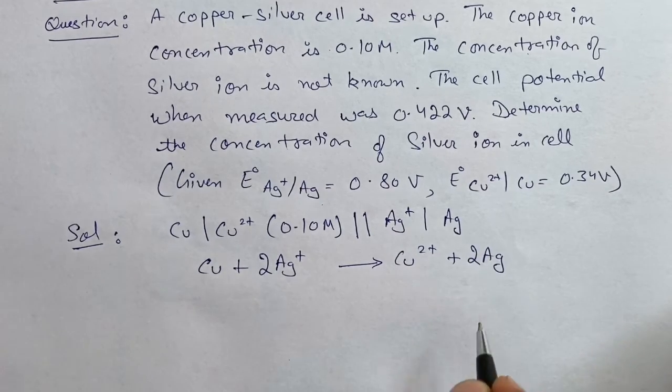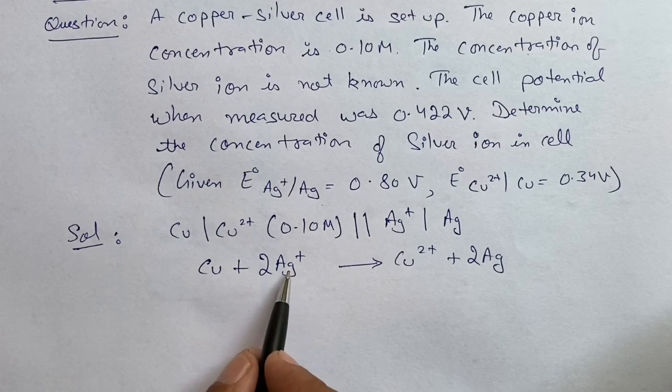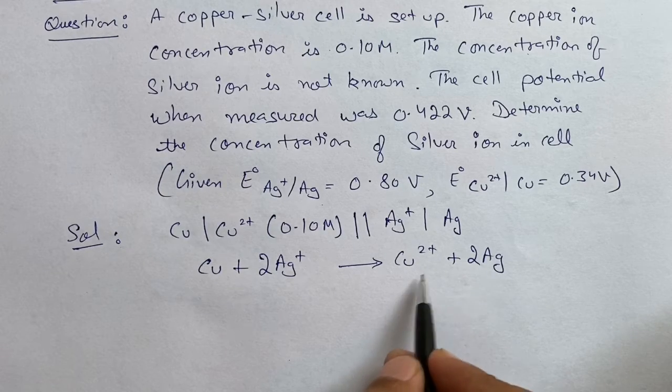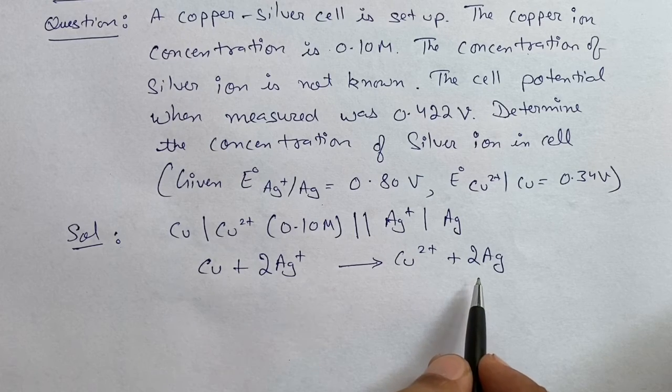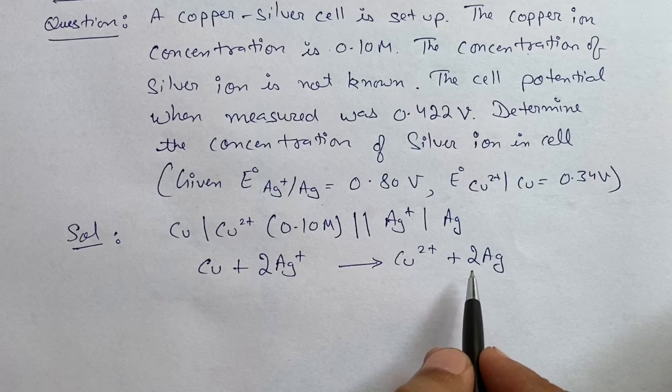So now we have balanced the equation, with two positive charges on the reactant side and two positive charges on the product side. This is how we balance the equation. Remember, students, you have to balance the elements and also the charges on both sides, reactant as well as product.